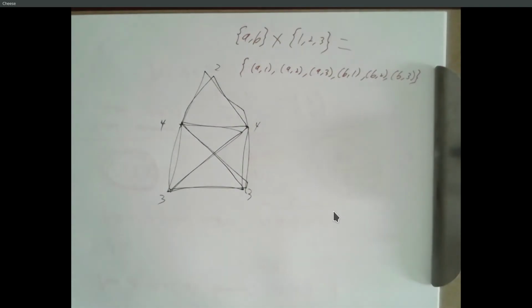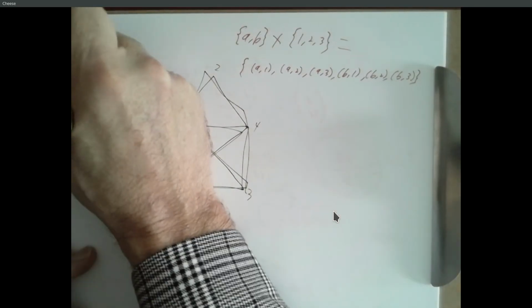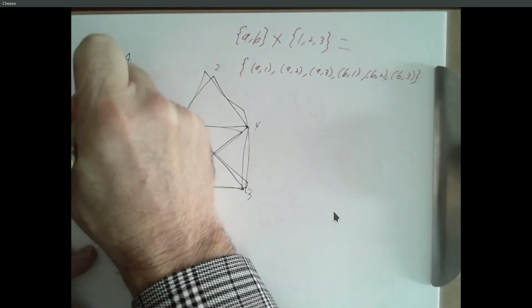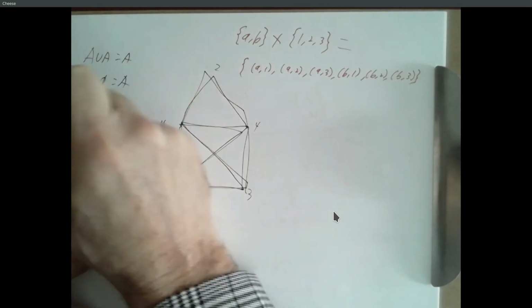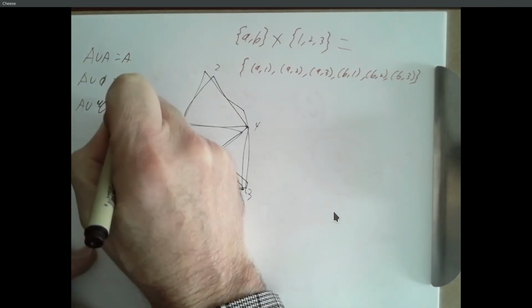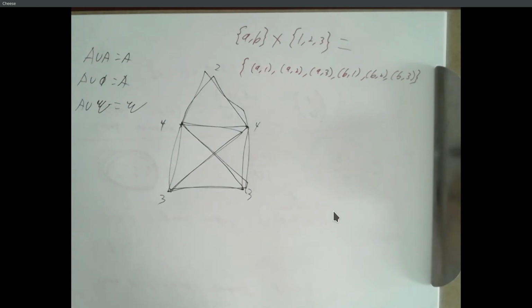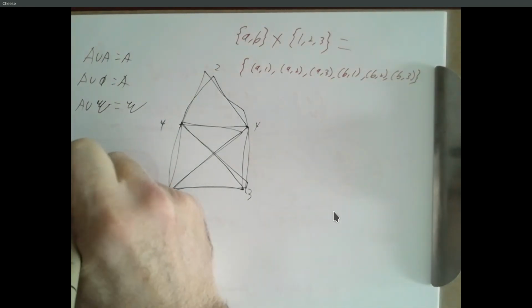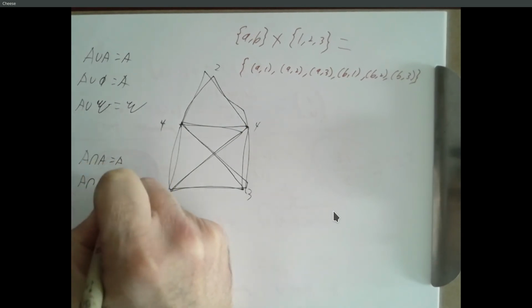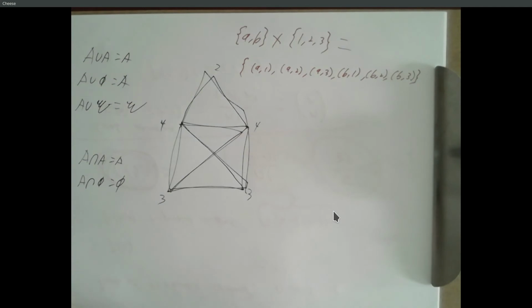So it's all this kind of stuff like A union A is equal to A. A union the empty set is equal to A, A union the universe is equal to the universe, and so on. A intersect A equals A, A intersect the empty set equals the empty set, and so on.